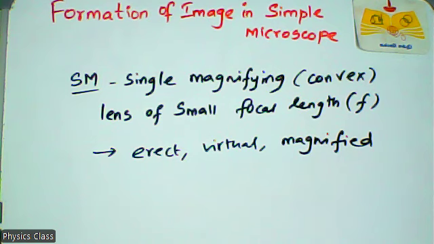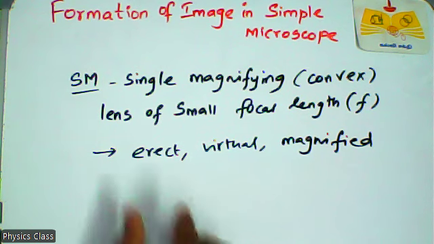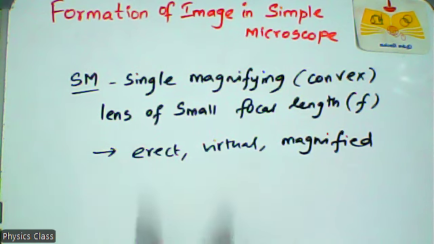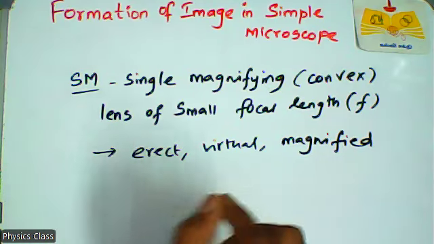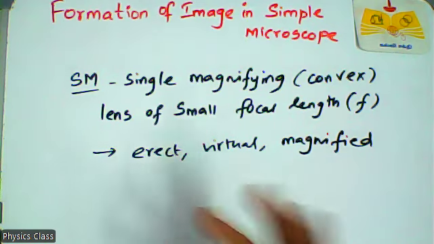Okay. So suppose one object is in front of the simple microscope, that simple microscope must produce an image that is erect, virtual, magnified of that object. So simple microscope is a single magnifying convex lens.